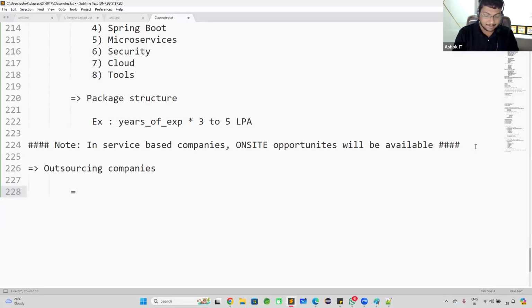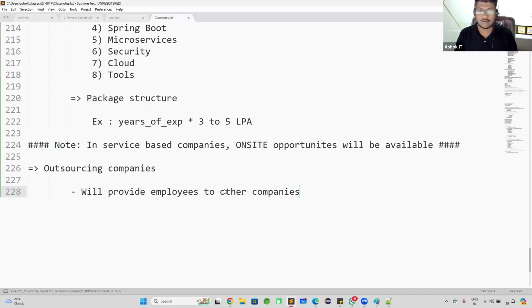These companies will provide skilled labor to other companies. That means they will provide employees to other companies. Employees, nothing but skilled labor.